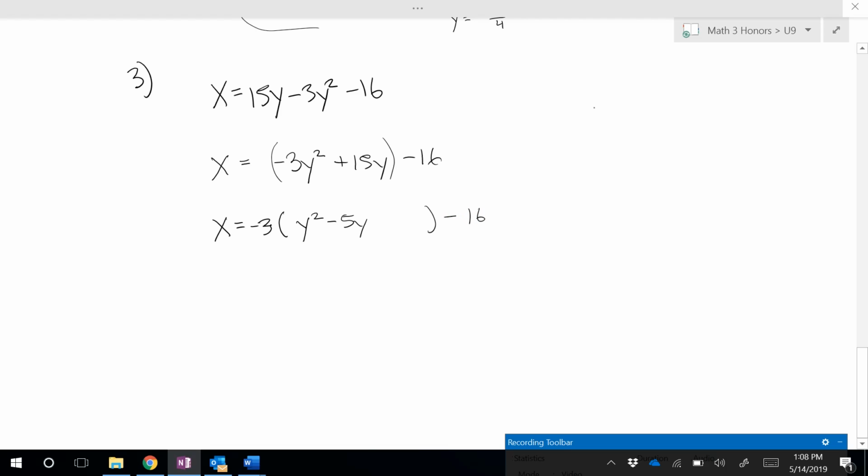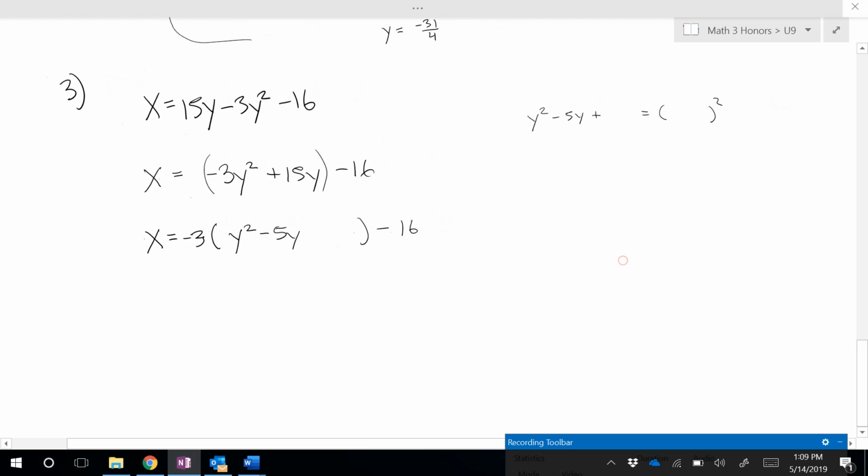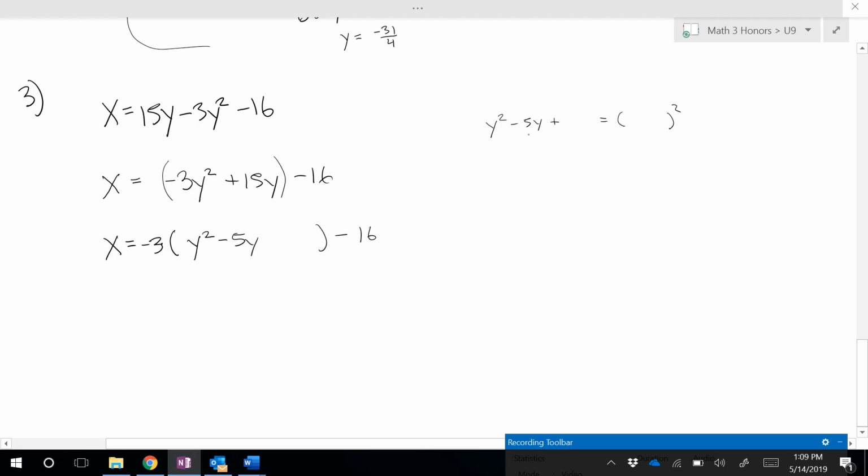So scratch work over here, y squared minus 5y. I need to figure out what to add so that I get a perfect square. In this process, I'm going to take half of that -5, which would be -5 over 2. And I'm going to take that -5 over 2 and square it, and that gives me 25 over 4.